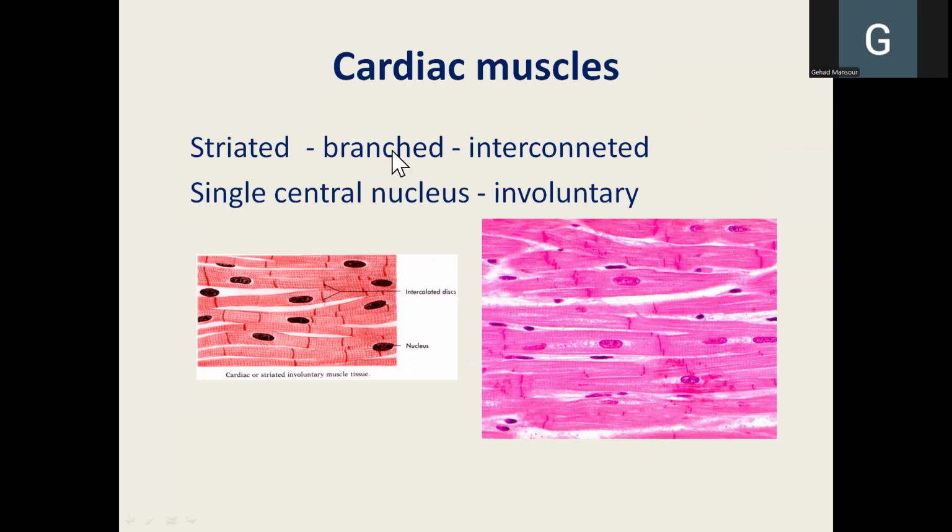And since they are branched, they will be structurally interconnected through, as you know, the intercalated discs, and every cardiac muscle fiber has a single central nucleus. But notice that the fact that they are interconnected will also result in a functional property, which is the fact that they can communicate together through the gap junctions in the intercalated discs.